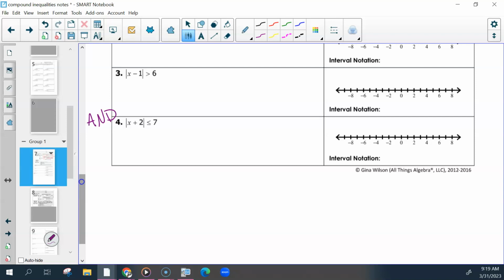Drop your absolute value sign. Keep one exactly the same. Then for your other case, keep the inside the same. Inside is always the same. Change the direction of the sign. Make the number negative. Solve both.